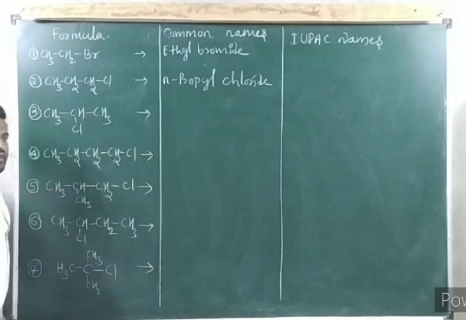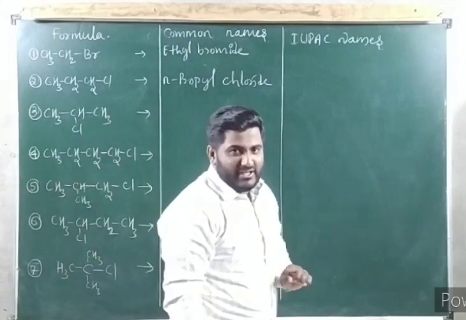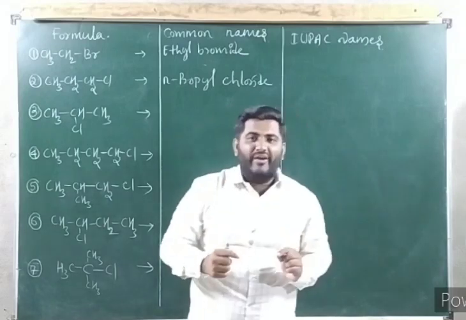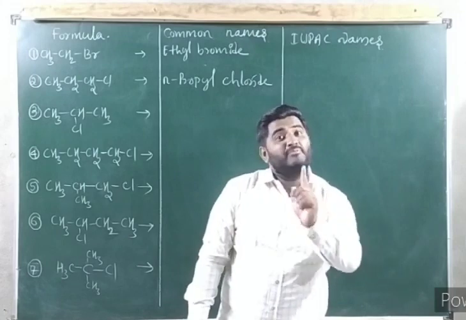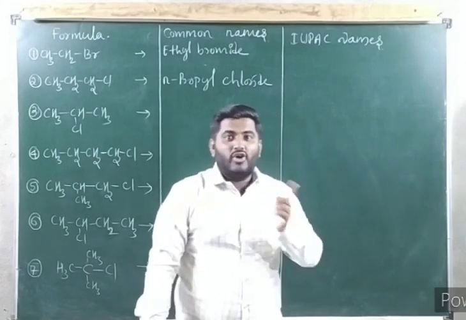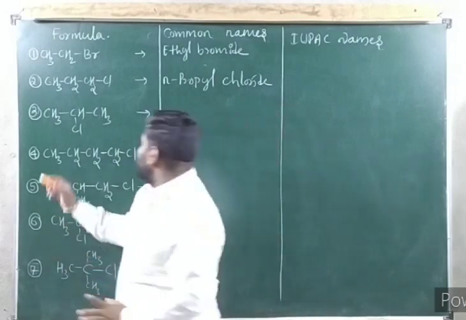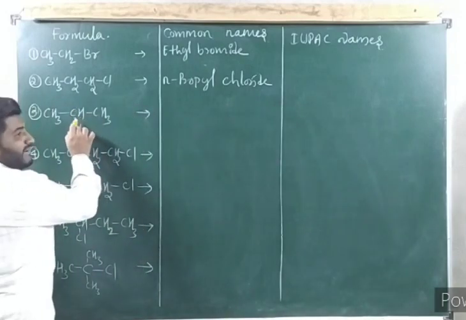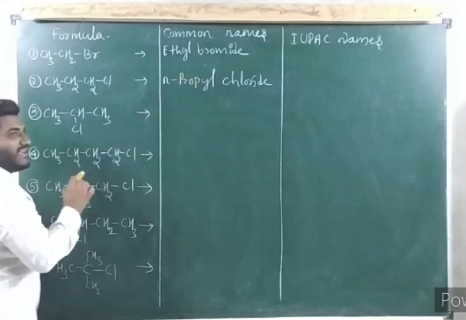What about this case? Now I told you, when halogen is attached to a carbon which is having 2 or more substituents, those are called secondary and tertiary. But that is except propyl. Correct or not? So already I have taken this previously. So propyl is always iso only. So tell me here, halogen is attached to the second carbon. If it is the first carbon you can write n. If halogen is attached to the second, always it is called iso.